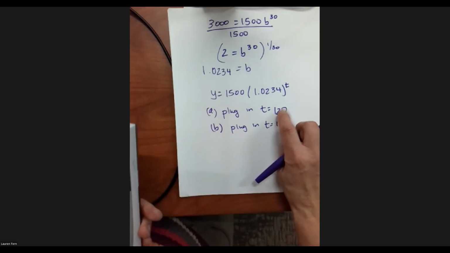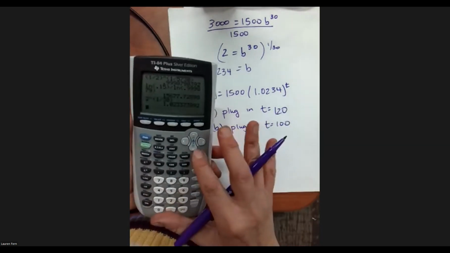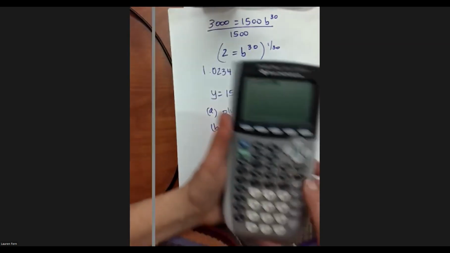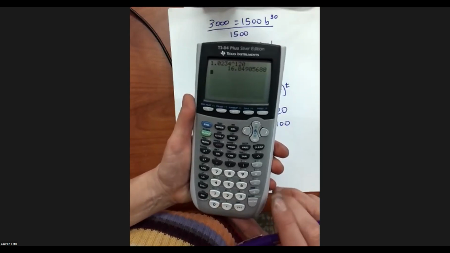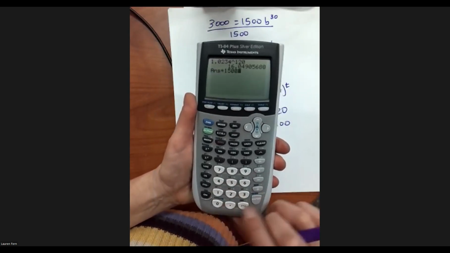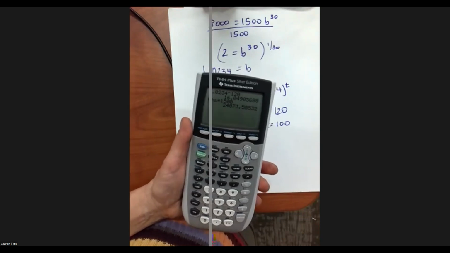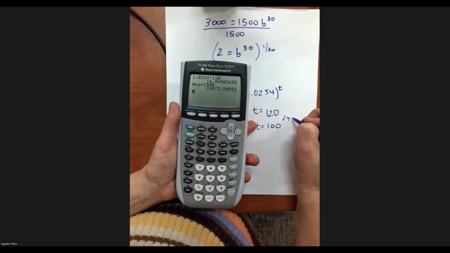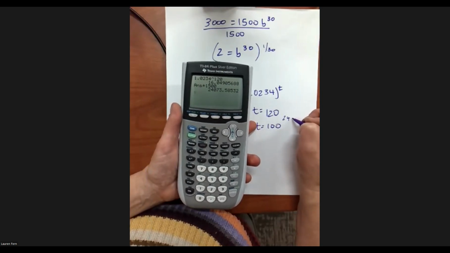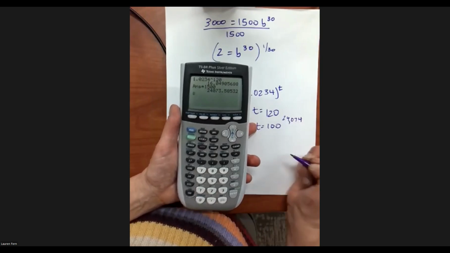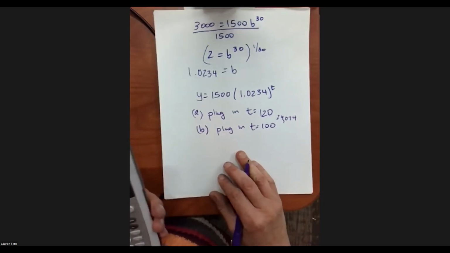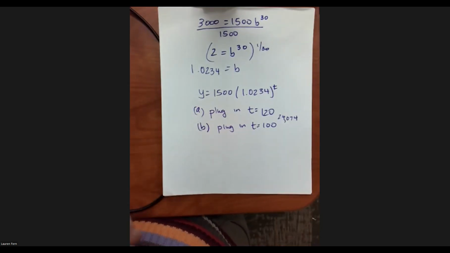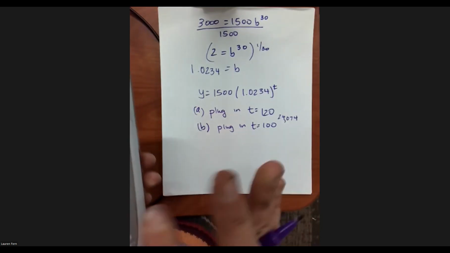If we plug in 120, we take 1.0234 raised to the 120th power, and then multiply that by 1500. So we're going to have 24,000. I'm just going to round to the nearest bacteria: 24,074 bacteria. Is that cool? Awesome.